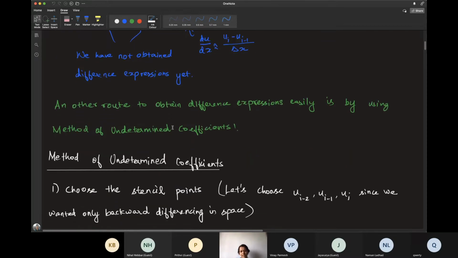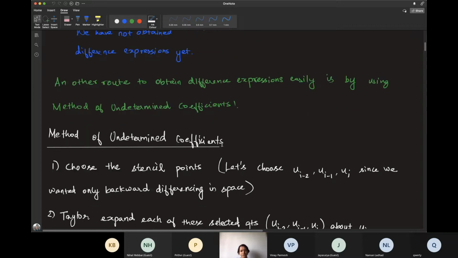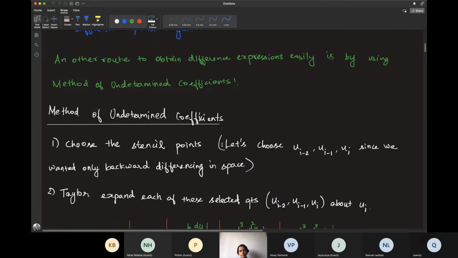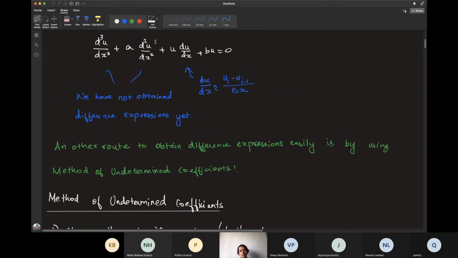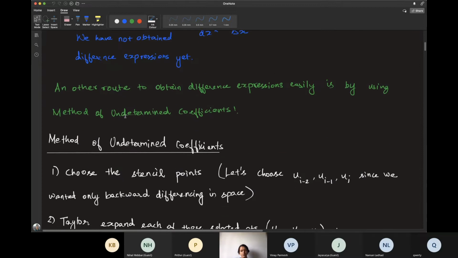So now let's go through that. That method is known as the method of undetermined coefficients. We'll see how to evaluate these difference operators: if you are given some differential operator, how to evaluate some difference operator for that. That is what you are going to see right now.